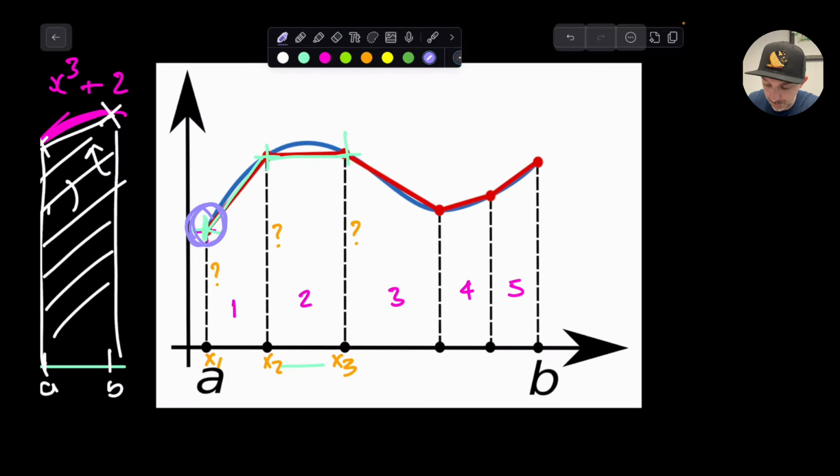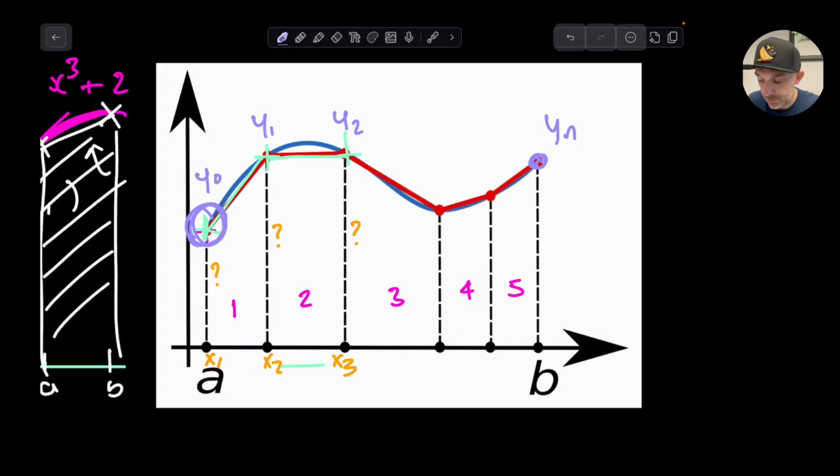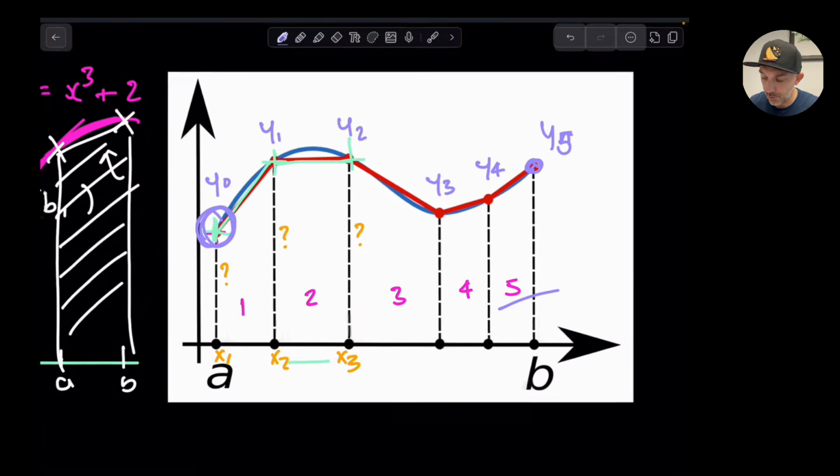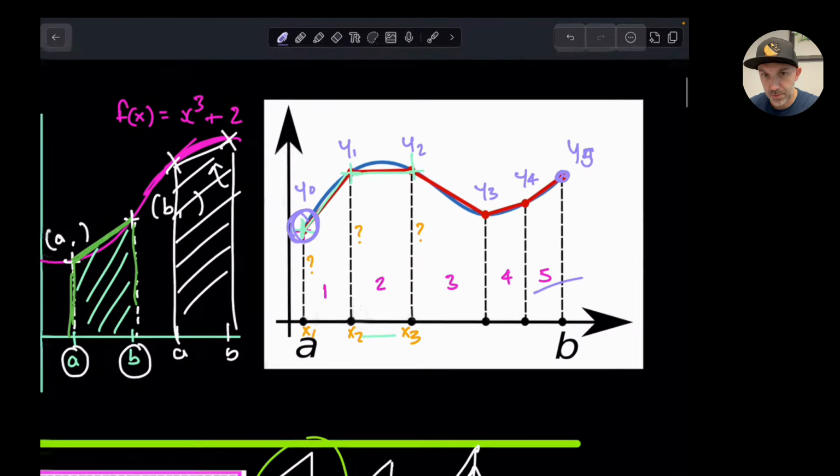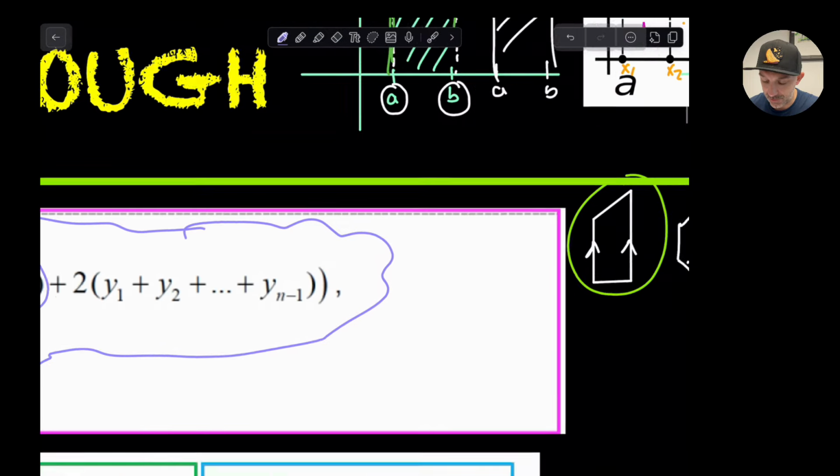This one that I'm circling in purple now will be y0, and this last one here would be known as yn, and that n correlates with the number of subintervals. But what's important is you see that this is y1, this is y2, this is y3, this is y4, and this will be y5 then, because we had 5 subintervals. Those are the numbers, and those will correspond to what you have to put into the formula.